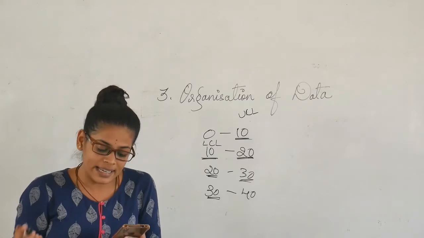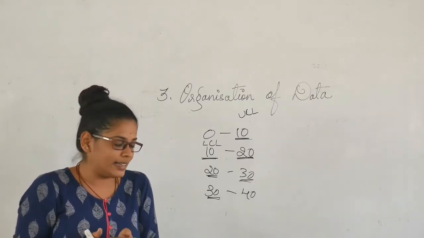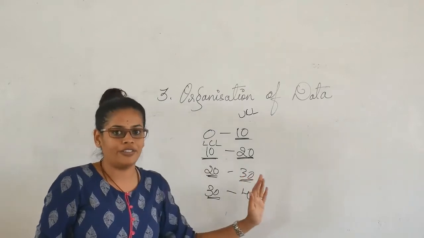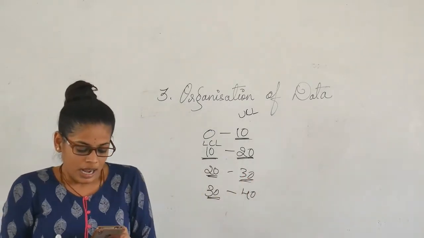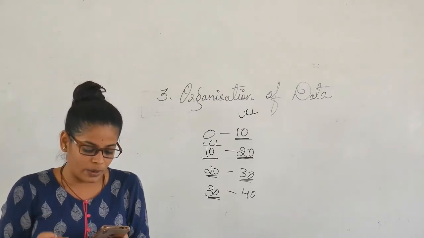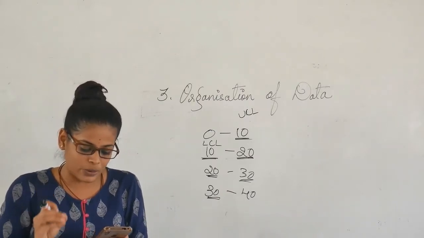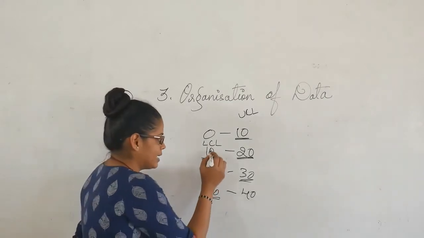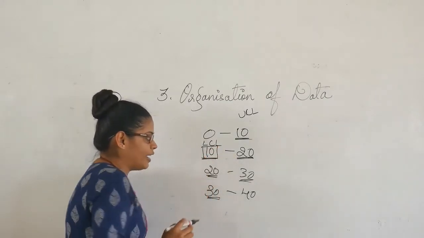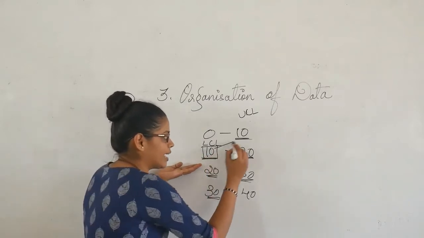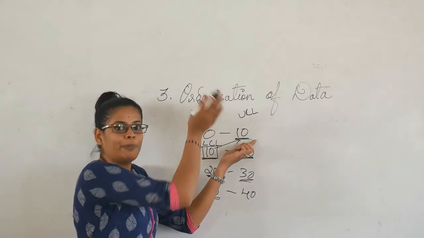The reason behind this is that this kind of classification is called the exclusive method of classification. Under this method, we form classes in such a way that the lower class limit of a class coincides with the upper class limit of the previous class. So whatever we have as the lower class limit of this class interval coincides with the upper class limit of the previous one.